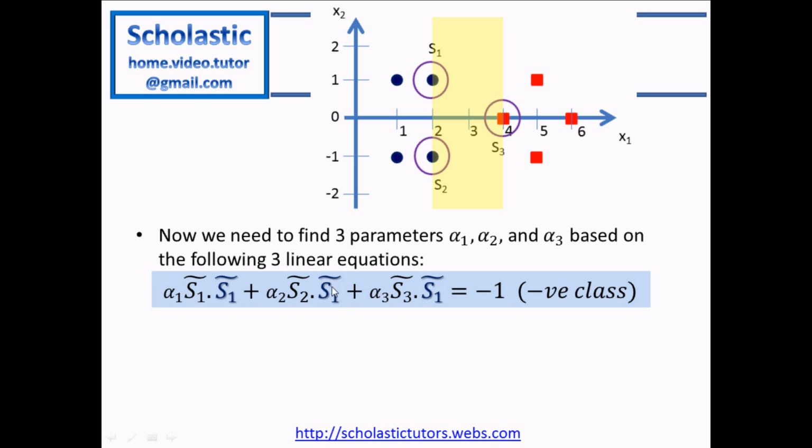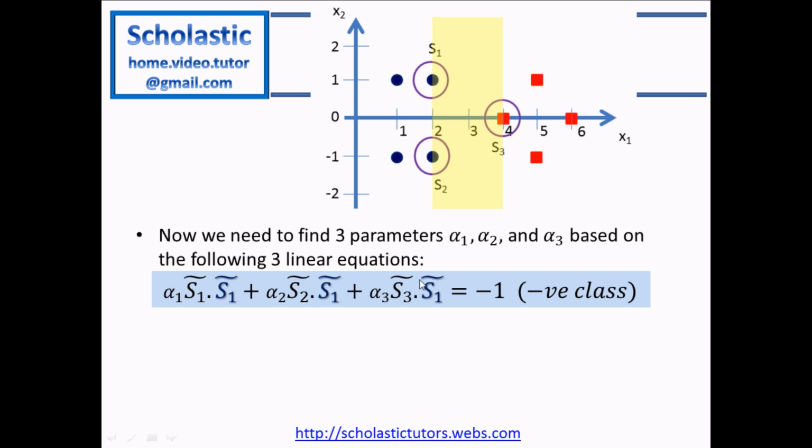This is the first linear equation, and it's very simple. Alpha 1 S1 tilde times S1 tilde, plus alpha 2 S2 tilde times S1 tilde, plus alpha 3 S3 tilde times S1 tilde, equals -1. We assume that the blue class is the negative class.